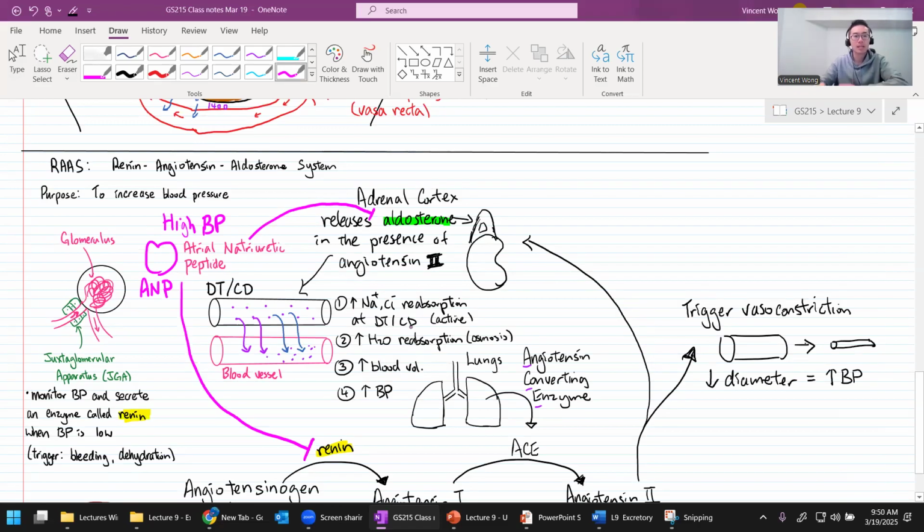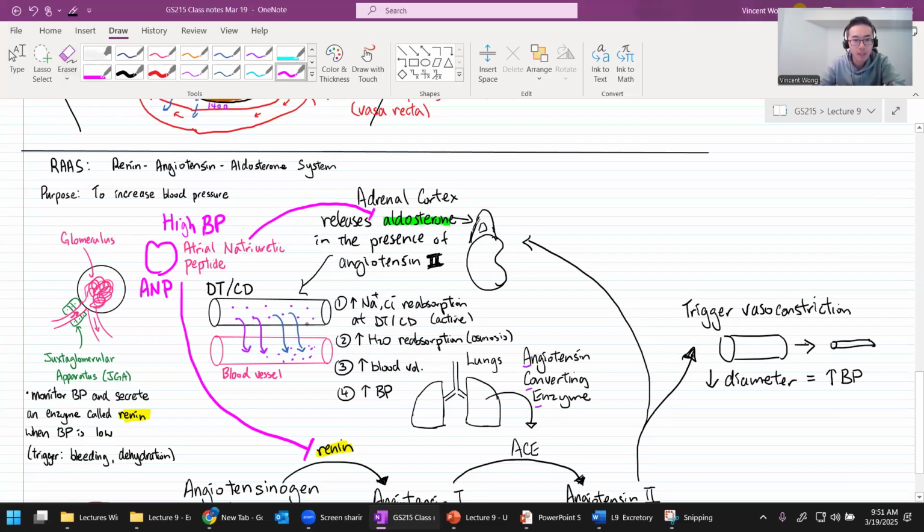So in other words, the ANP, the atrial natriuretic peptide, is opposite of the RAS. The two systems are antagonistic. That's what they call it. Okay? They work against each other. And by blocking the aldosterone, blocking the renin, you basically shut down this process.